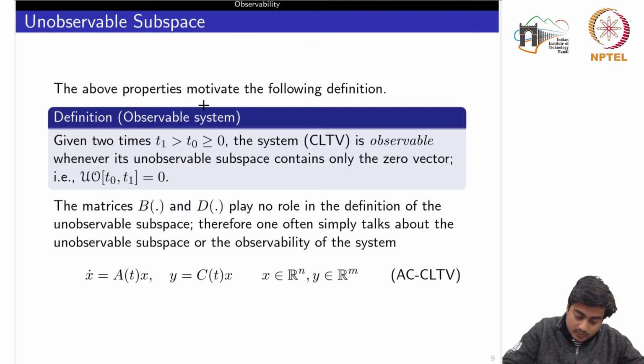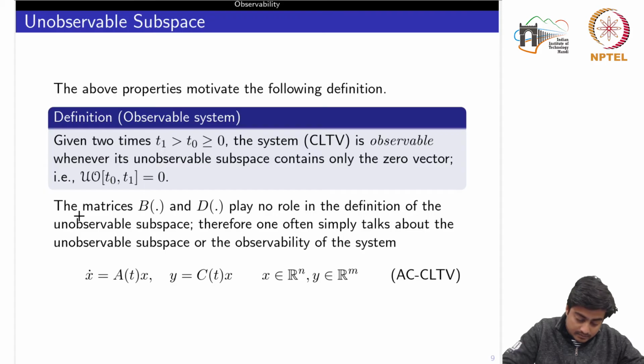The above properties motivate the following definition. Given two times t1 greater than t0, the continuous time linear time varying system is observable whenever its unobservable subspace contains only the zero vector, meaning that there does not exist x naught for which that previous equation is satisfied.